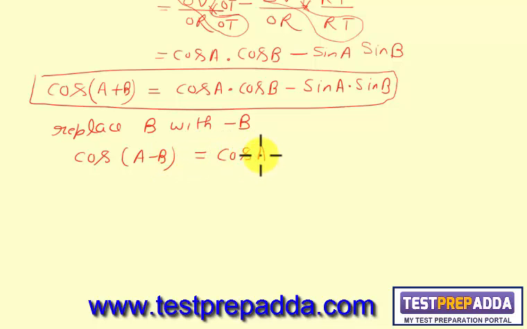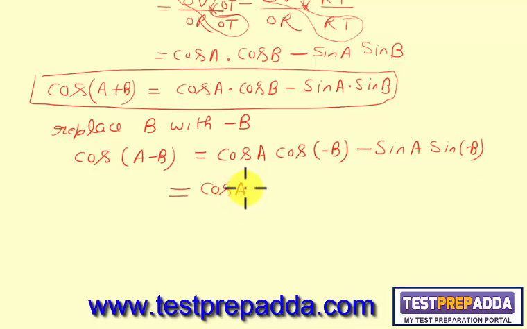Cos A will remain cos A. In place of cos B, I will write cos minus B, minus sin A, and in place of sin B, I will write sin minus B. And as I told you, cos minus theta is cos theta, while sin minus theta is minus sin theta.